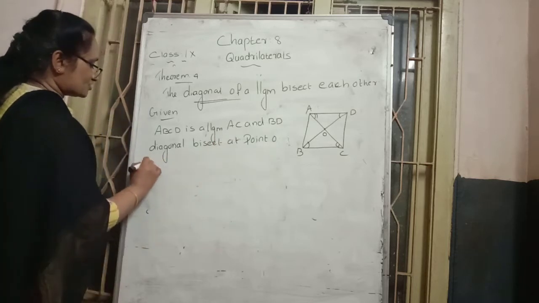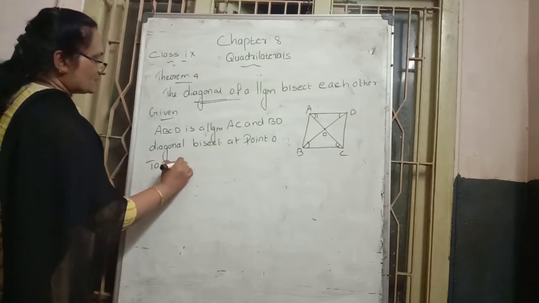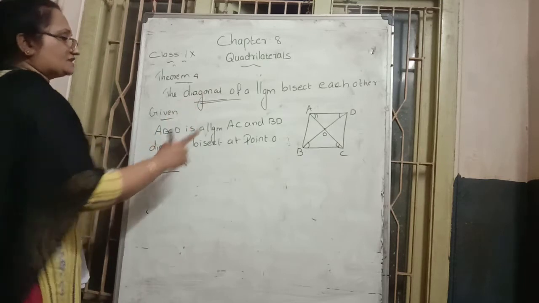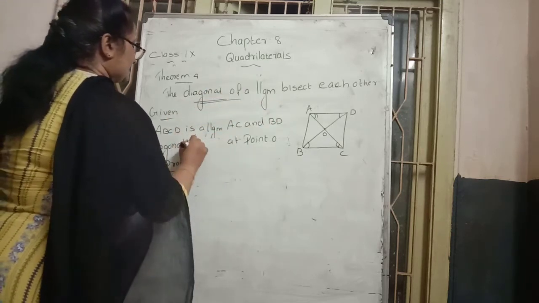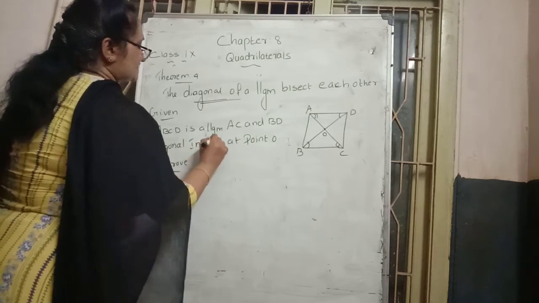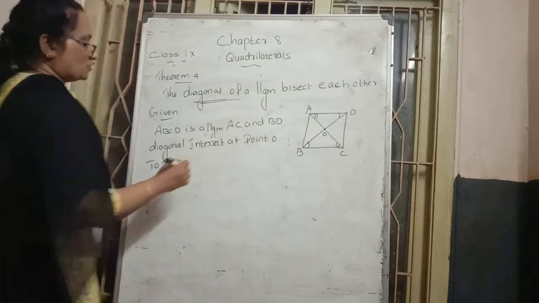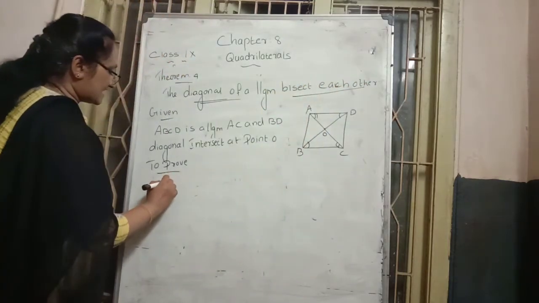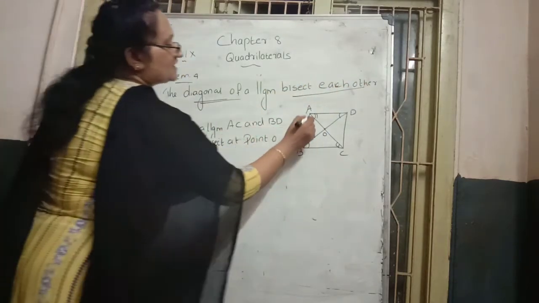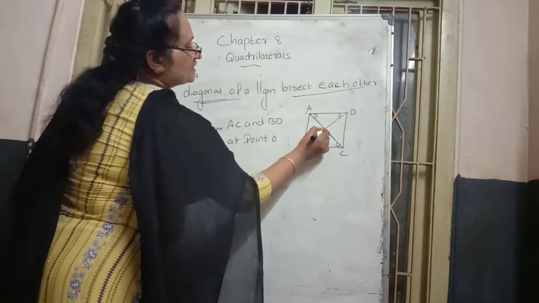Next, to prove. What do we want to prove? They bisect each other. Here we can write intersect. The word intersect we can use: they intersect at point O. They are asking to show they bisect each other. So the AC line is cutting and dividing.